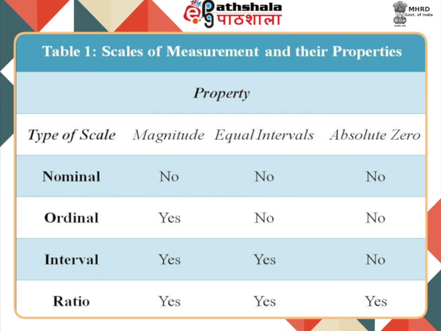The first is nominal scale, then ordinal scale, interval scale, and ratio scale. In the most basic form, nominal scale represents equality and sameness among entities. Ordinal scale determines the degree or rank to which a particular attribute is possessed by entities.